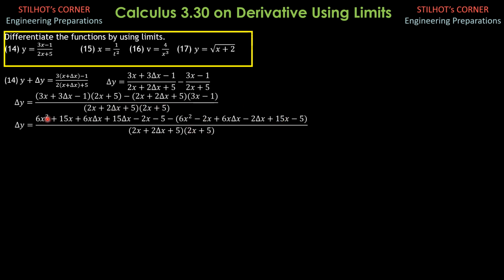So take note that 6x squared will be eliminated. Negative 2x and negative of negative 2x, which is positive 2x, eliminated. 15x and negative 15x eliminated. 6x delta x and negative 6x delta x eliminated. And lastly, negative 5 and negative of negative 5, positive 5, eliminated.